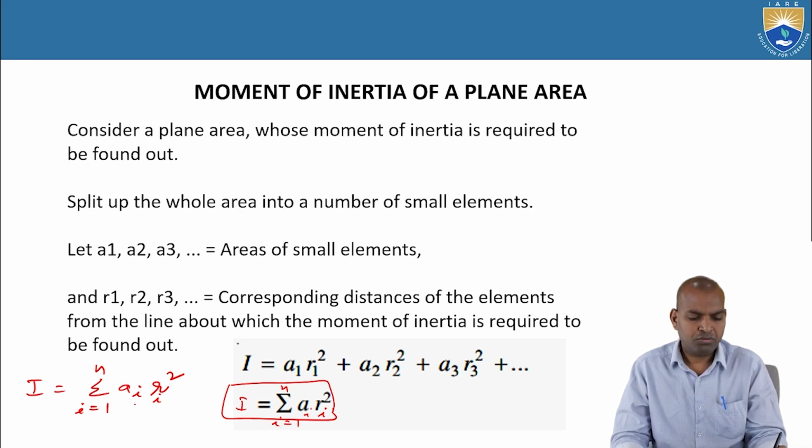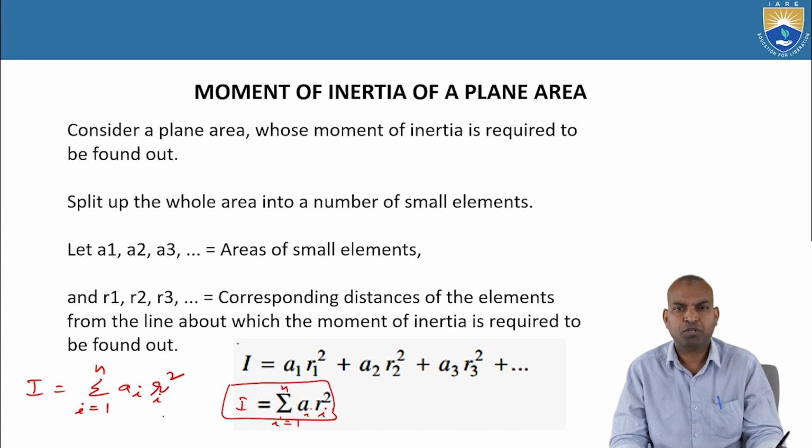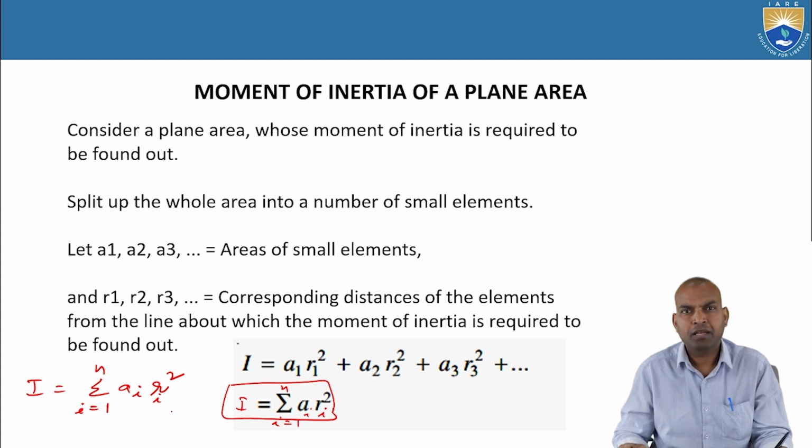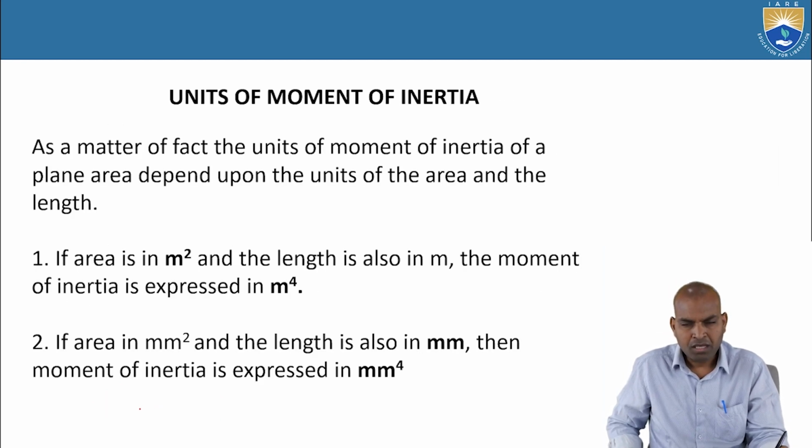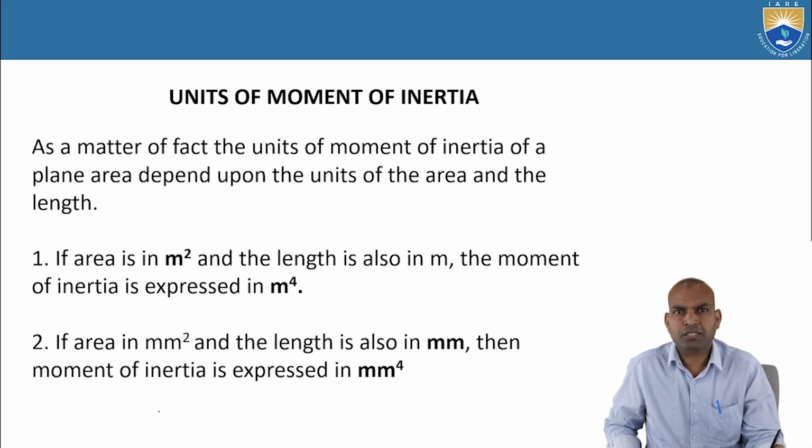This A1, A2, A3 are all elemental areas, areas of elements, and R1, R2, R3 are the corresponding distances of the elements from the line about which the moment of inertia is going to be calculated. And the units of moment of inertia are millimeter to the power 4 or meter to the power 4.